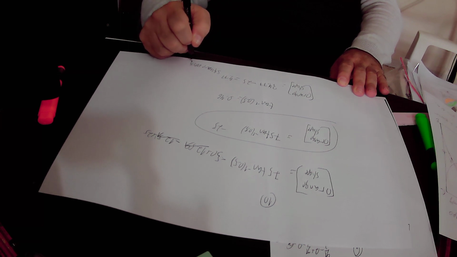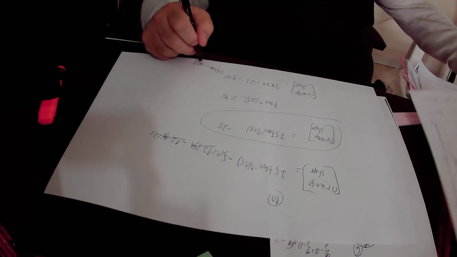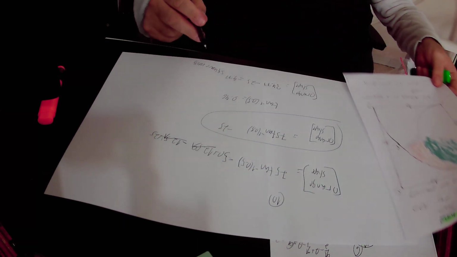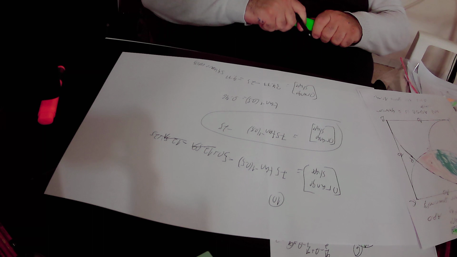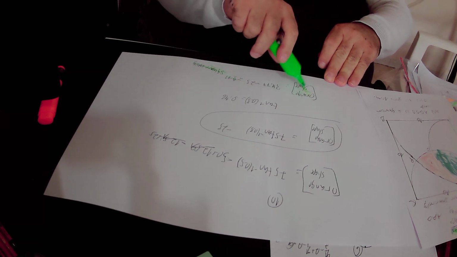Okay, so we found out the area of the orange shape. The area of this orange shape equals 9.77 square units. We finish with the second method.